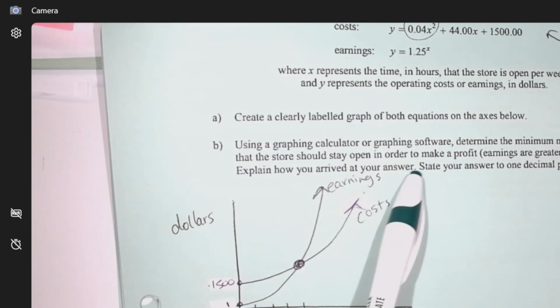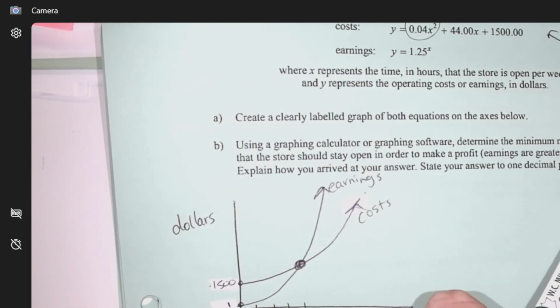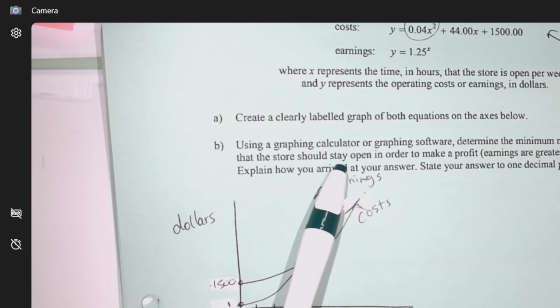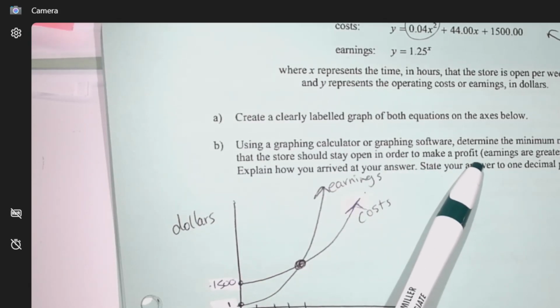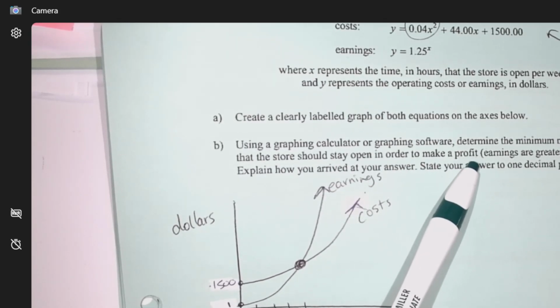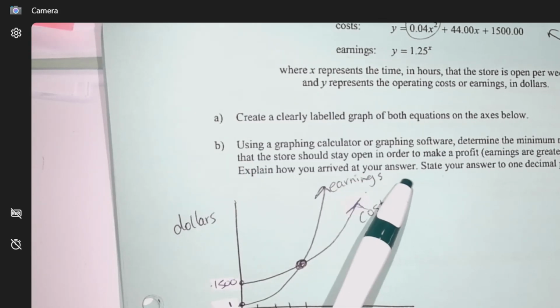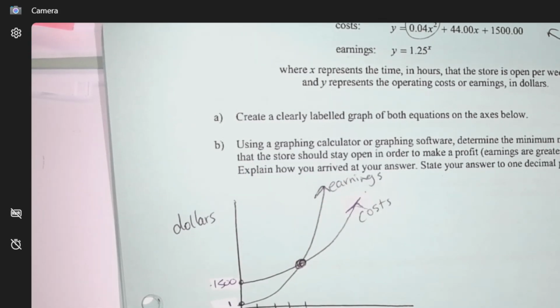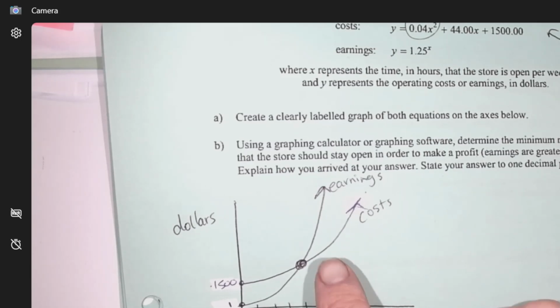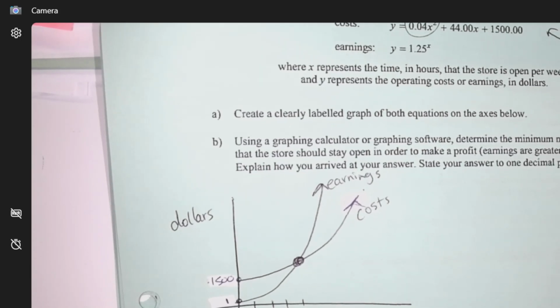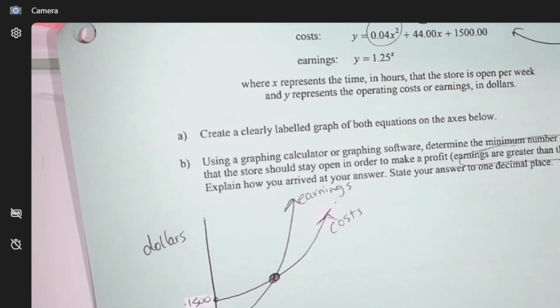Okay, using this graphing calculator, determine the minimum number of hours you need to stay open in order to make a profit. Okay, so to be a profit, what do you know? What has to be more than what? Earnings have to be greater than your costs.